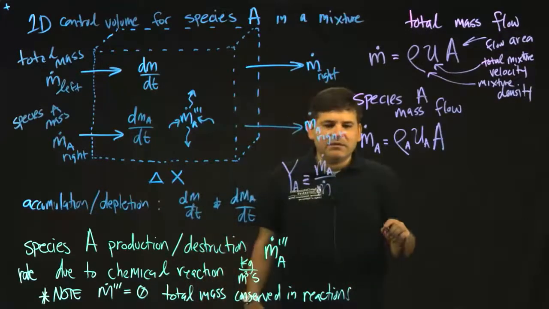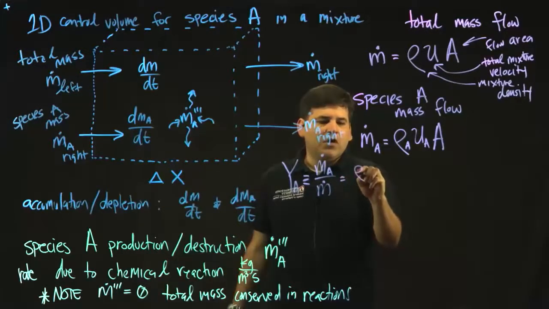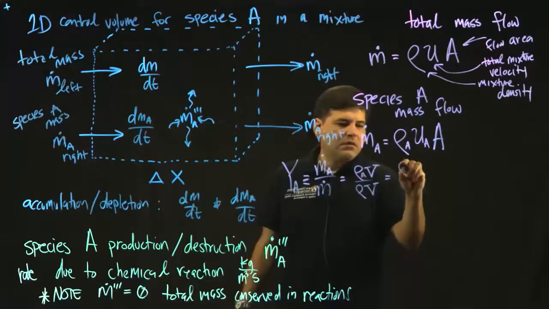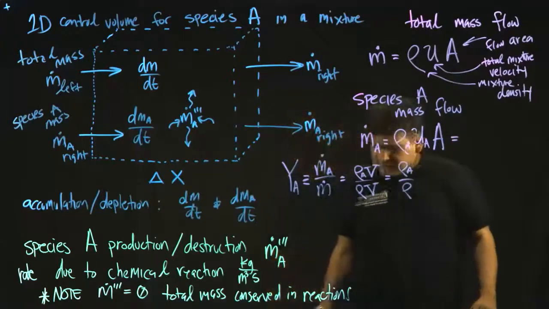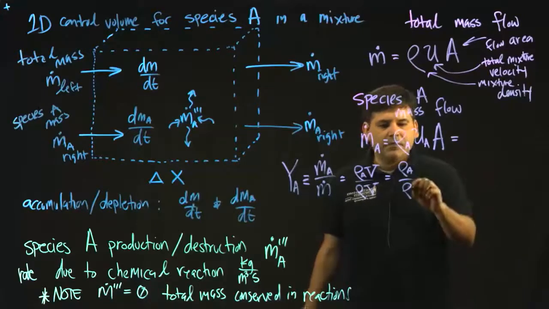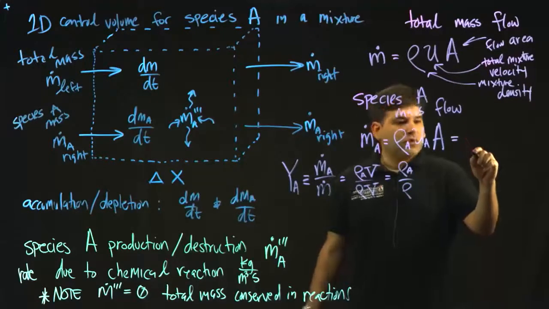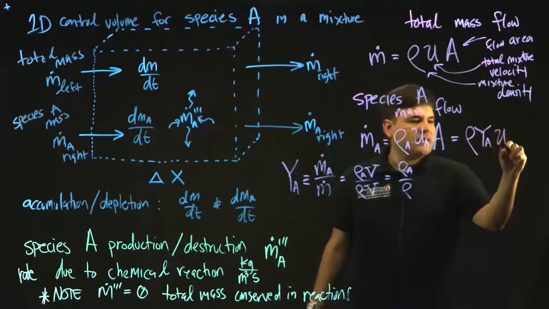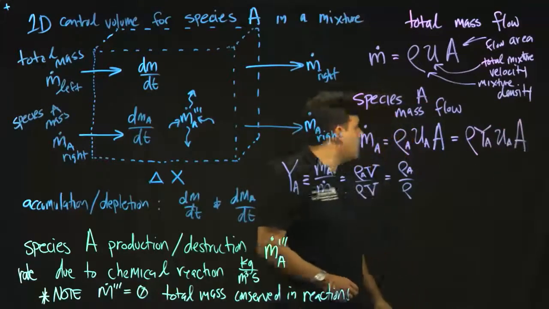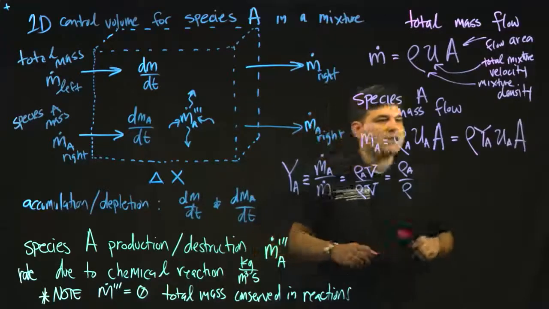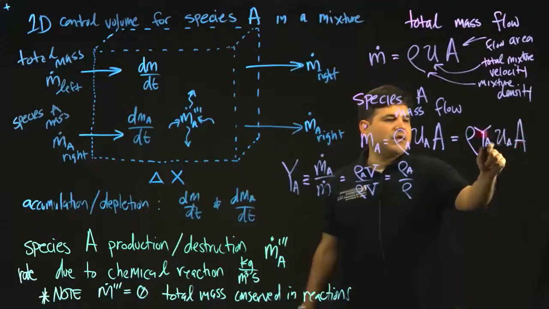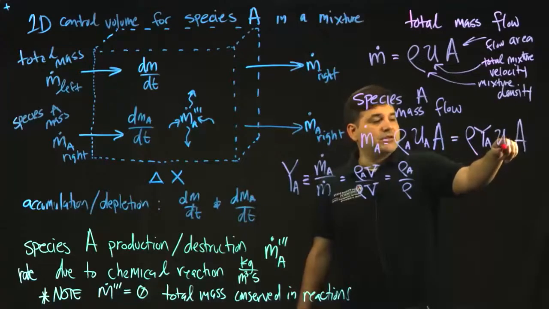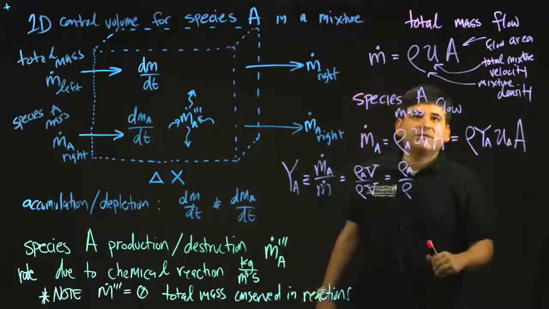But if this is the same volume that we're working with, we can use the total density as well, and the mass fraction of A. So again, this is unitless. So this is kilograms per meter cubed times meters per second times meters squared, similar to this, with this individual velocity of the species and the mass fraction of that species.